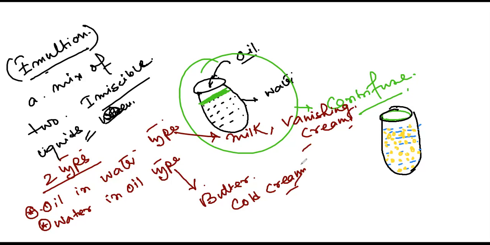Now we'll see emulsifiers and different types of emulsions. Emulsifiers are used to protect the emulsion.